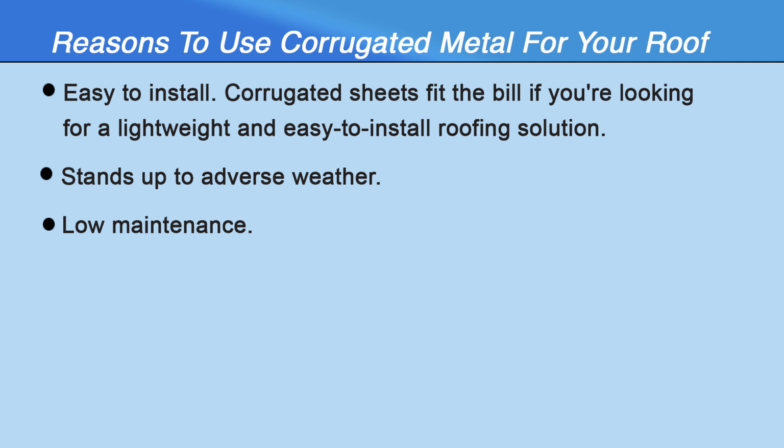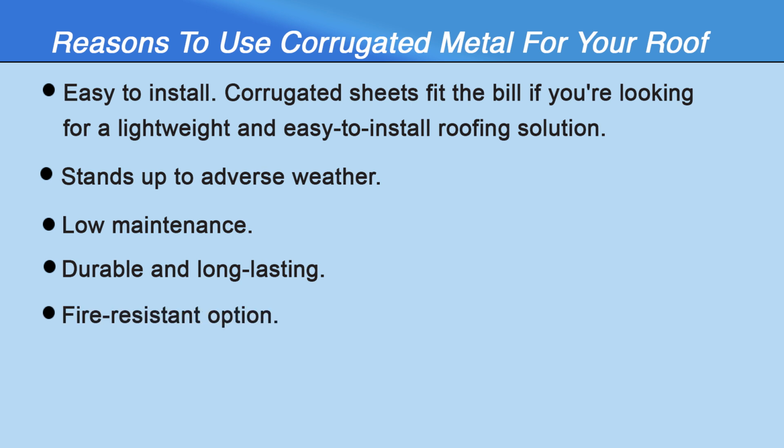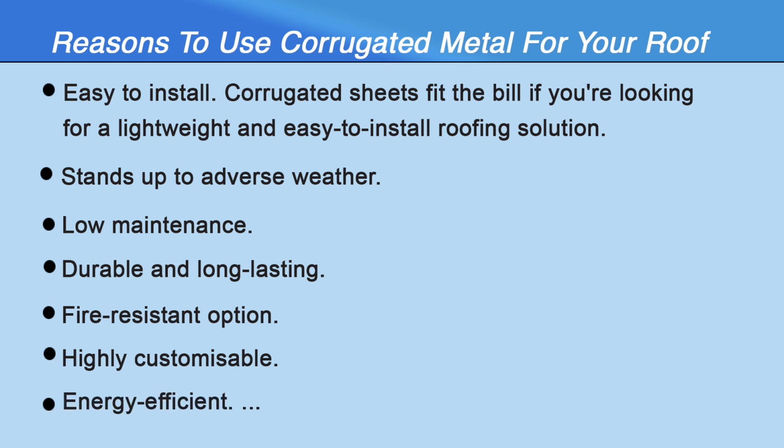It has low maintenance, is durable and long lasting. It has fire resistant options too. It is highly customizable, easy, energy efficient and it's sustainable too. So these are the reasons we use GI types or corrugated metal sheets.